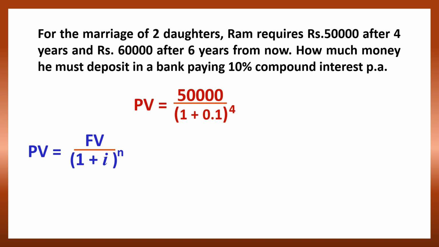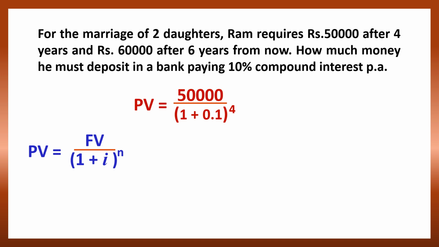PV is equal to 50,000 divided by 1 plus 0.1 raised to 4. This is the first case. He has to receive 50,000 after 4 years. So we have to find out what amount should be invested now. So in the case of first daughter's marriage, he needs only 50,000 rupees. So this may be applied as such.